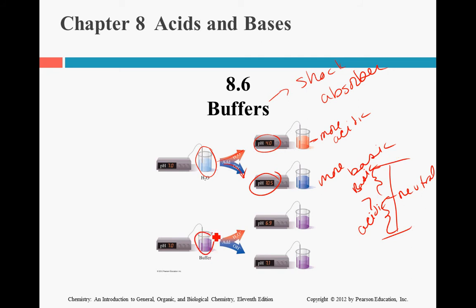If we have a buffered solution, when we add acid, it starts off at 7, but it only goes to 6.9. It's acidic, but not nearly as much as when there wasn't a buffer. And again, if we add OH, it goes up to 7.1 rather than all the way up to 10.5.